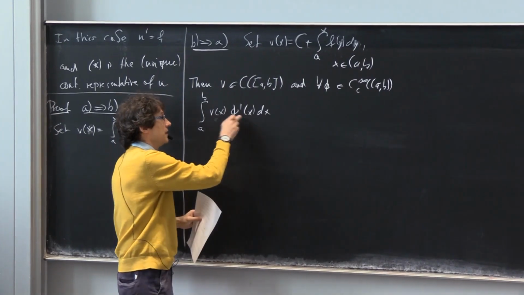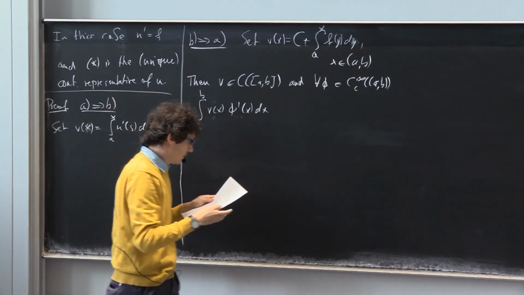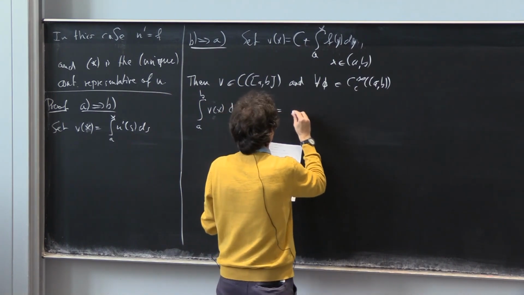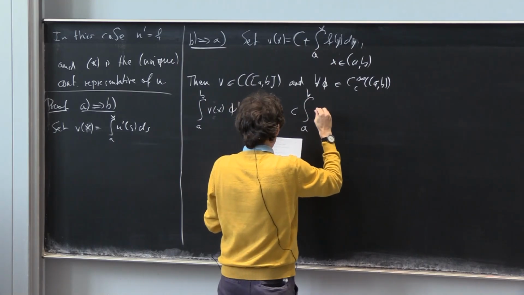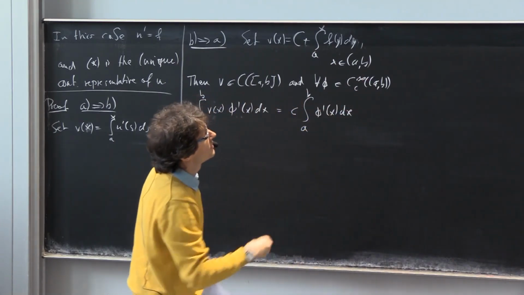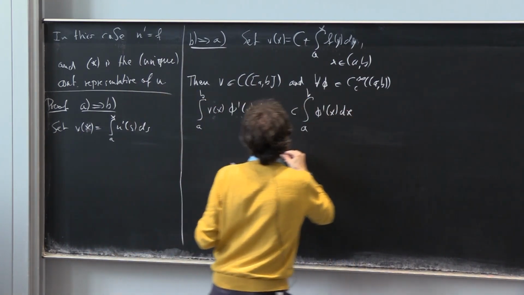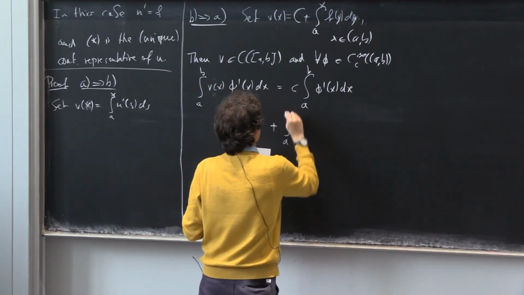Okay, so we look at the v, multiply with the derivative of phi, and now we have to get the derivative to the other side. So we put in the definition of v, so this is the integral of c times a to b phi prime of x dx, so this is just the c part of v, which is the easy part, plus, okay, what do we have? We have the integral a to b.